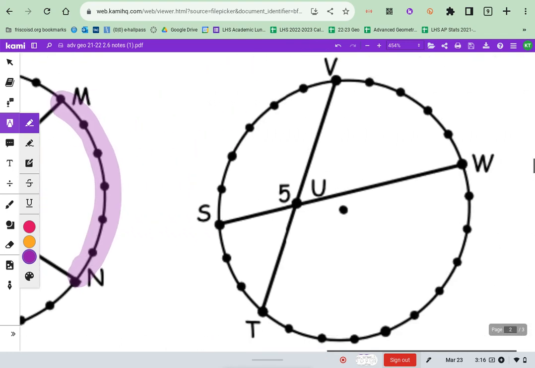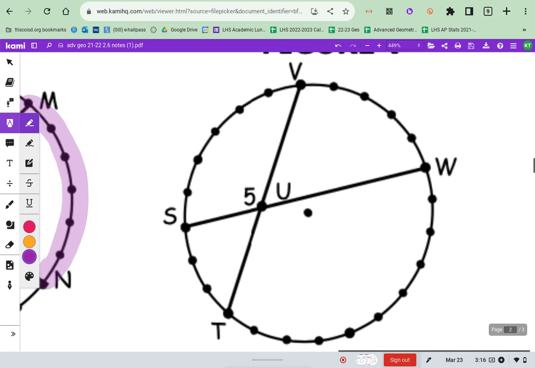So we can do the same thing on the second circle. Angle 5 is intercepting SV, and the other one it's intercepting is WT.